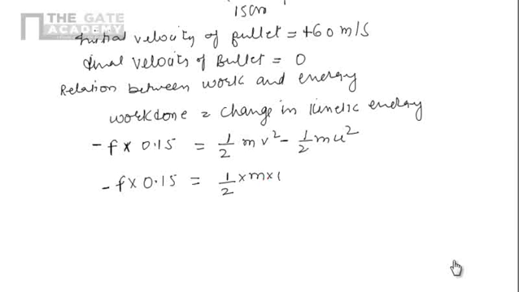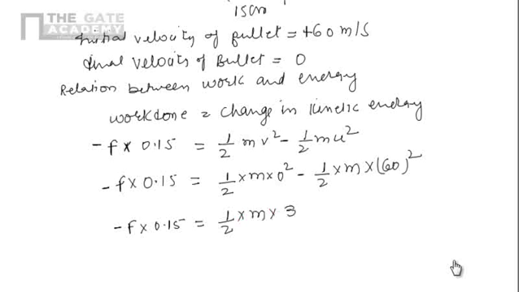So again, writing this equation, we will get minus F into 0.15 equals 1 by 2 into m into the final velocity of bullet, which is 0, minus 1 by 2 into m into the initial velocity of bullet, 60 square. So now I have minus F into 0.15 equals to 1 by 2 into m into 3600.